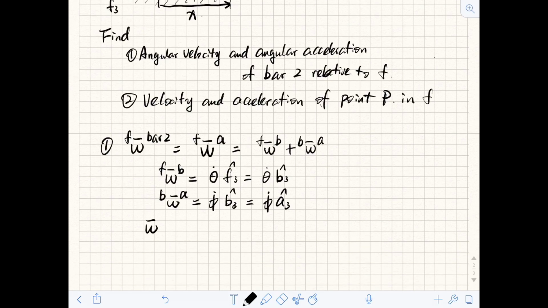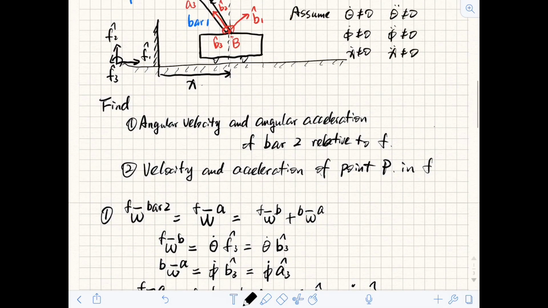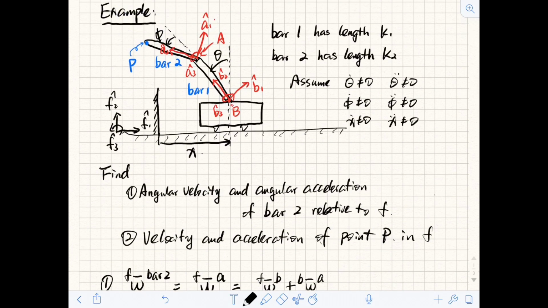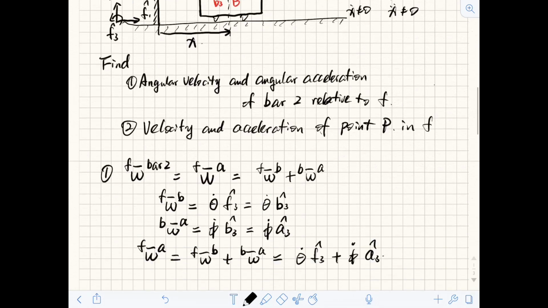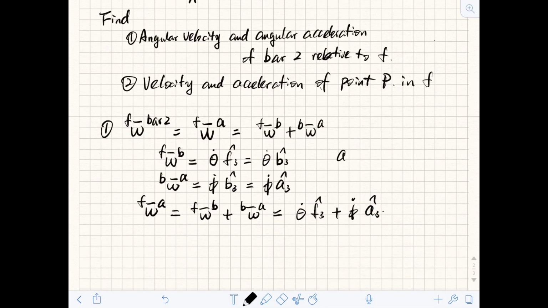So we know the angular velocity of A in F is just the sum of the two simple rotations, which are theta dot F3 plus phi dot A3. And since we're dealing with planar rotation, we know A3 equals B3 and equals F3.